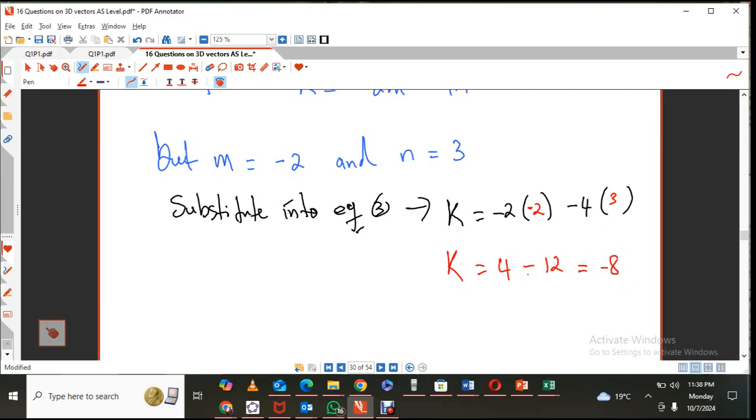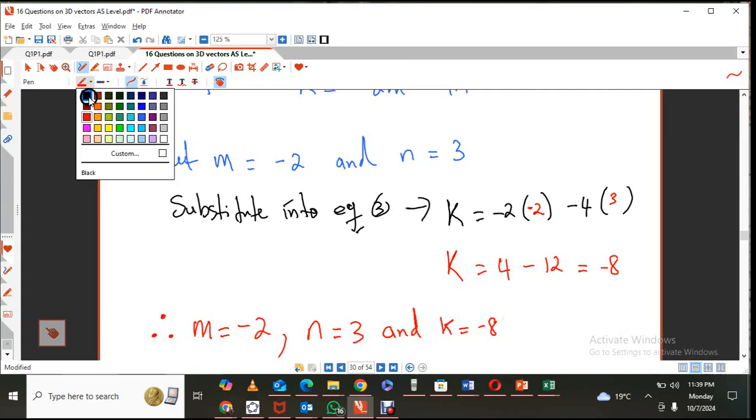So I have my 3 solutions now, and I can just go ahead and write them. So I'm going to say, therefore, m equals negative 2. Just write it nicely. n equals 3. And k equals negative 8.